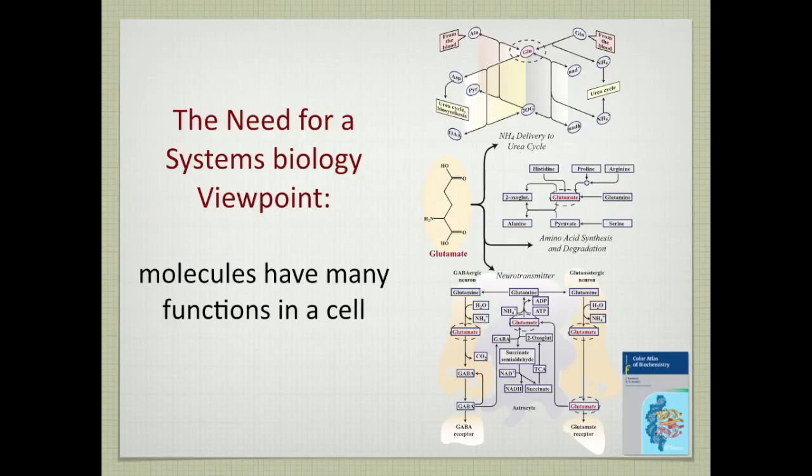And fortunately now we can do that mathematically. So if you ever had thoughts like this, you were thinking like a systems biologist, not about a single function of a molecule, but the totality of the functions that it can have, and not only it, but all the other molecules around it. And this is the magic of systems biology and the methods that have now been developed. We can actually do this, but you have to do it mathematically.